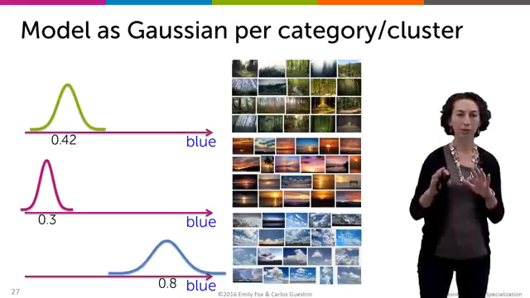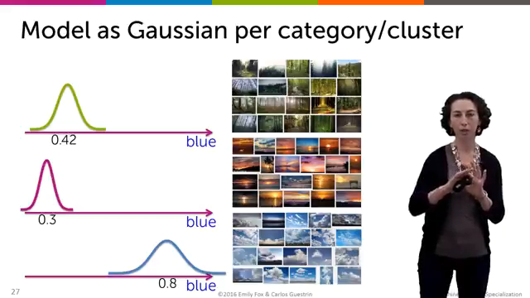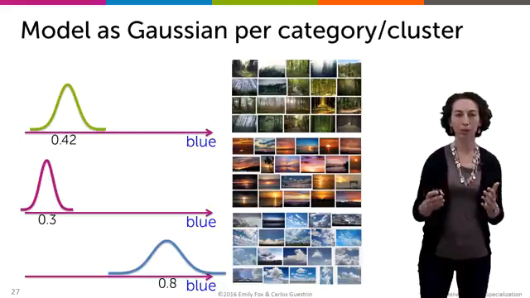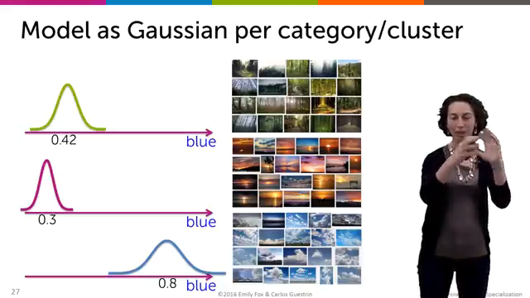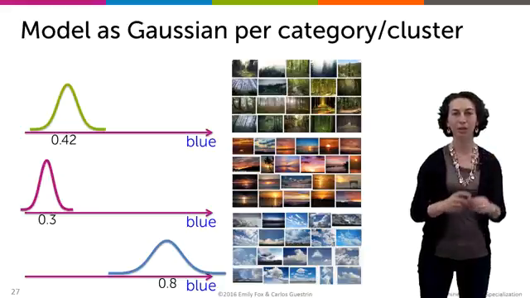But for the sake of illustrations and keeping all the drawings simple, we're just going to look at one dimension like this blue intensity here, but really in your head, imagine these Gaussians in this higher dimensional space.